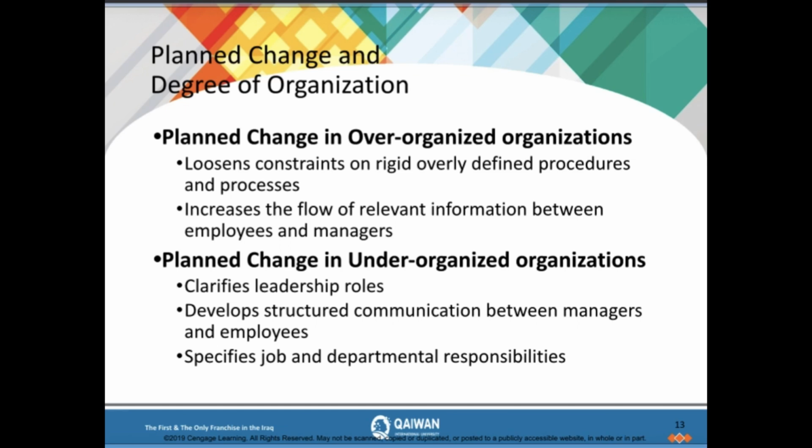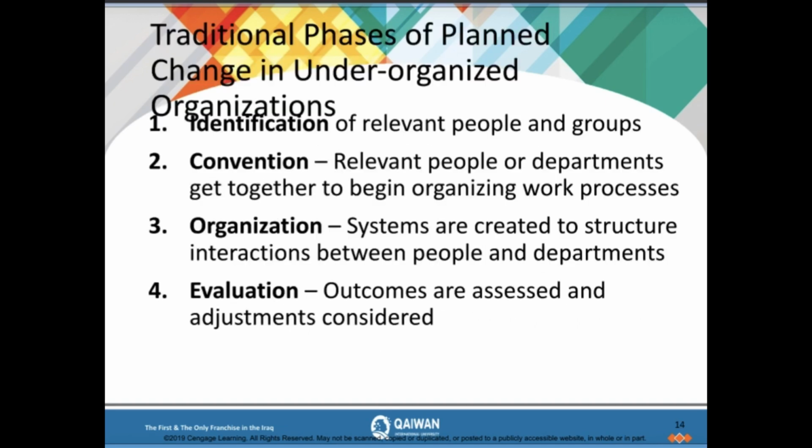So whether an organization is over-organized or under-organized, planned change adapts to structure. It's either loosening control or adding structure depending on what is needed. So this is about the degree of organization.